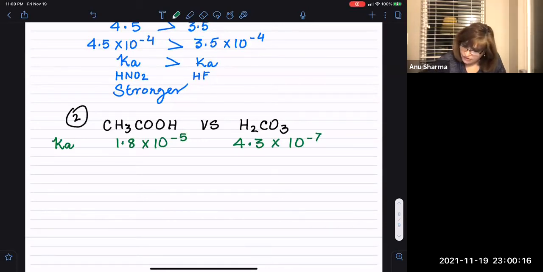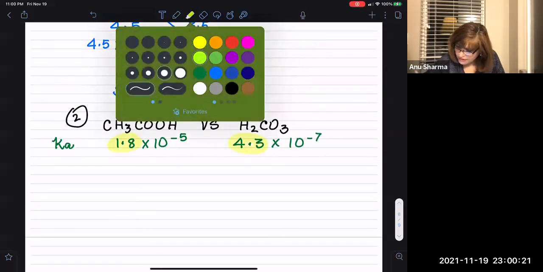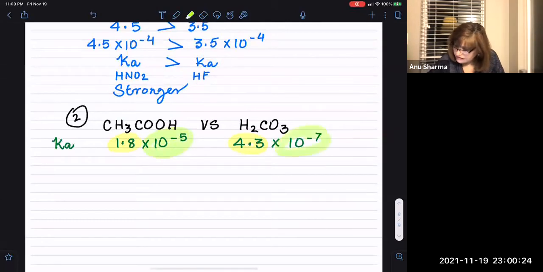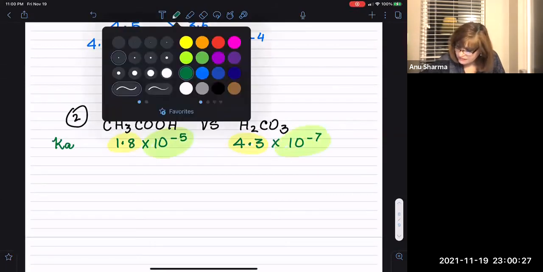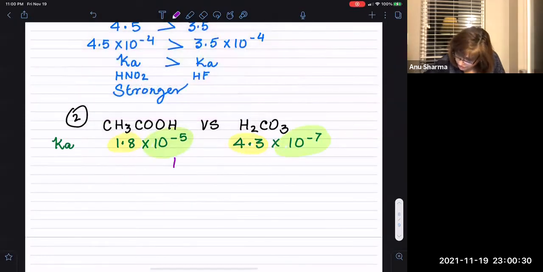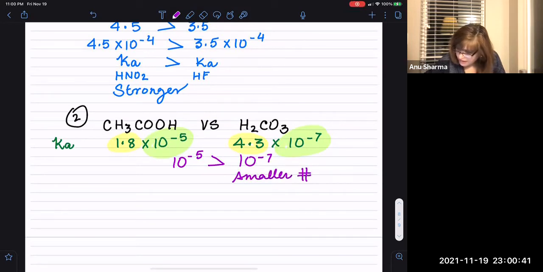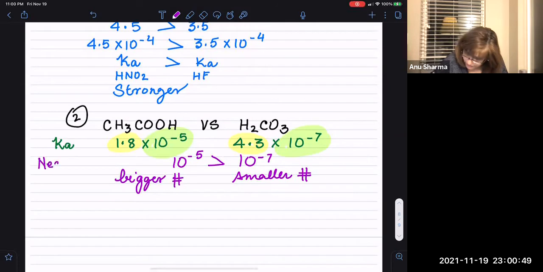Now, we are going to leave the coefficients for a while, but you focus on 10 to the power negative 5 versus 10 to the power negative 7. So compare. 10 to the power negative 5 is bigger than 10 to the power negative 7. Pay attention to that, negative exponents.